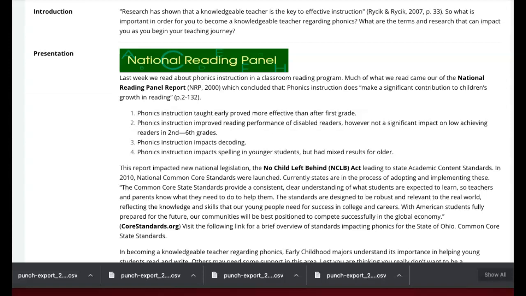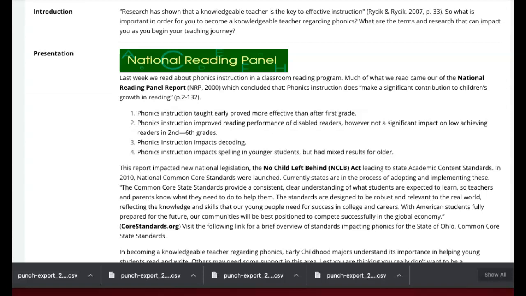Phonological awareness refers to the awareness of words, syllables, rhymes, and sounds in language. Phonemic awareness is the ability to hear and manipulate the smallest unit of sound in spoken language. That smallest unit of sound is called a phoneme.